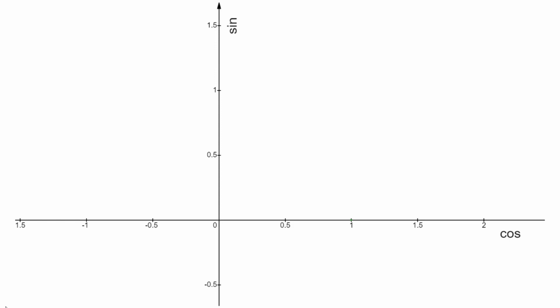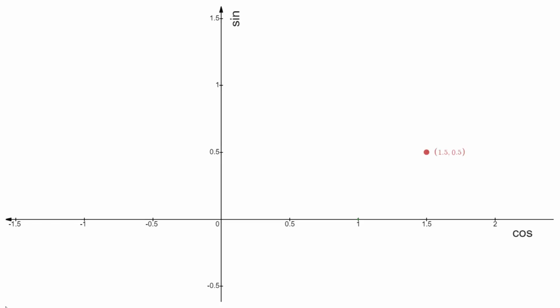Okay, now we want to add a red point to this plane, say at 1.5 and 0.5. Our point now represents the function f of x equals 1.5 cosine of x plus 0.5 sine of x.